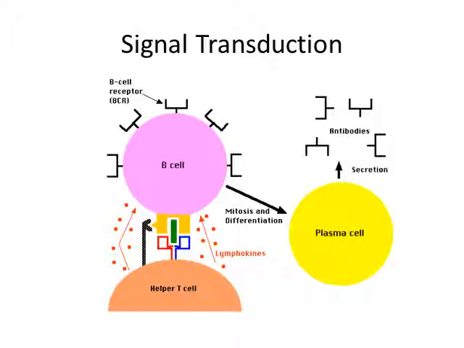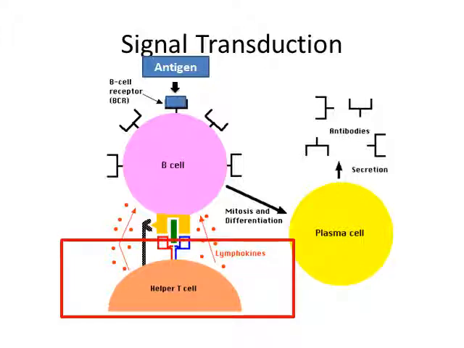So, as mentioned, your antigens act as ligands for BCR, and what happens is that this is going to be phagocytized by the B cell, and the antigens will become degraded in the lysosomes, and we come up with this peptide, which will bind with the MHC and become presented outside the B cell, then consequently interact with the T cell. And this cell-to-cell interaction between the B cell and the T cell will result in signal transduction.